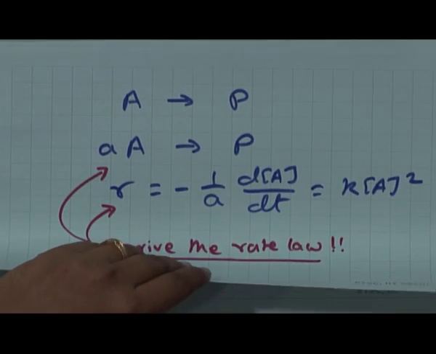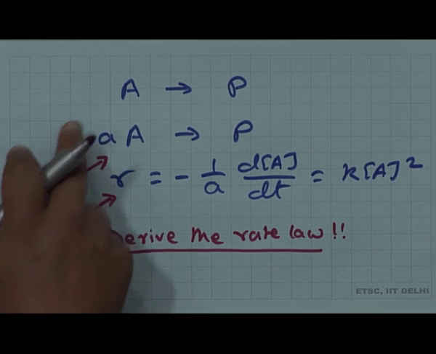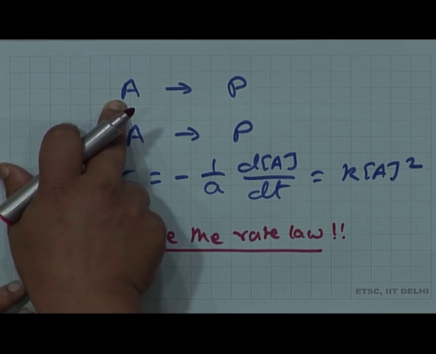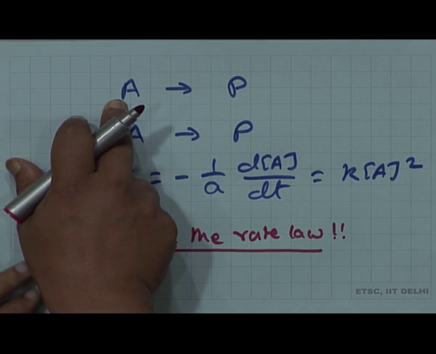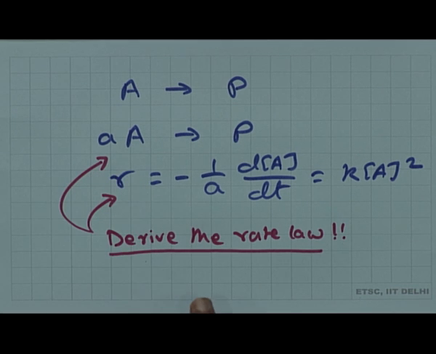Now, another aspect. So, this is one. We said that I am still having a single reactant case, A going to P, that is what we derived right now. Now, I am saying that this A is having a general stoichiometric coefficient a, which might be 1.